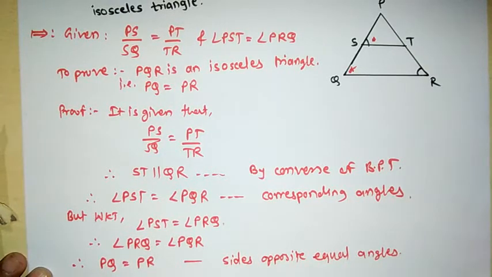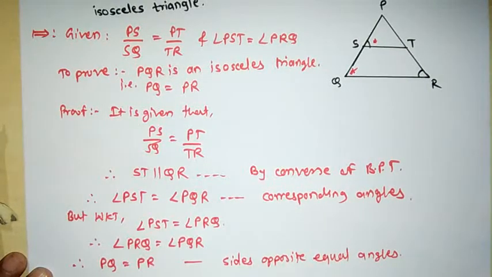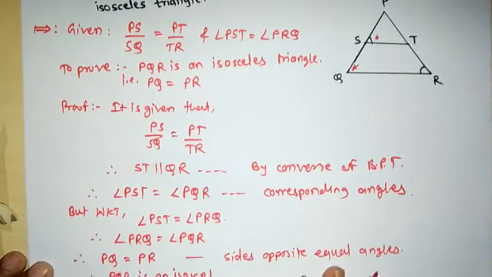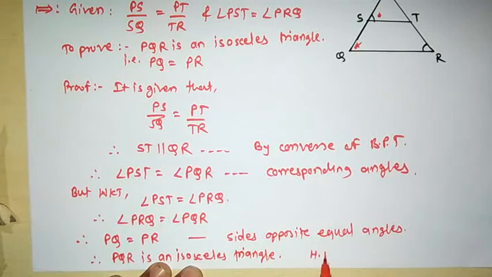Here we got PQ is equal to PR. That only we have to prove here. Therefore, PQR is an isosceles triangle. Hence proved. Okay, we got the proof here.